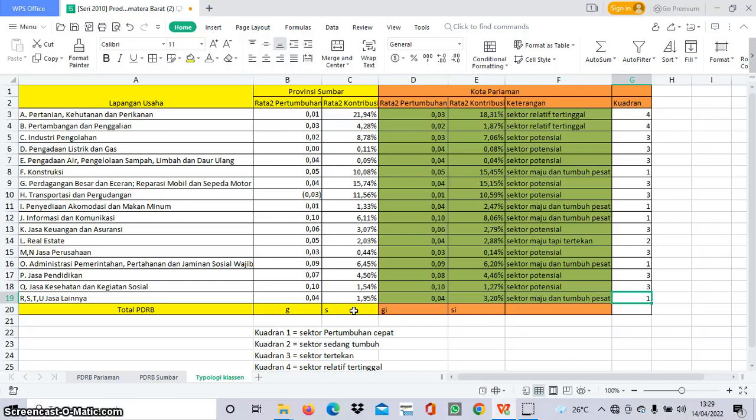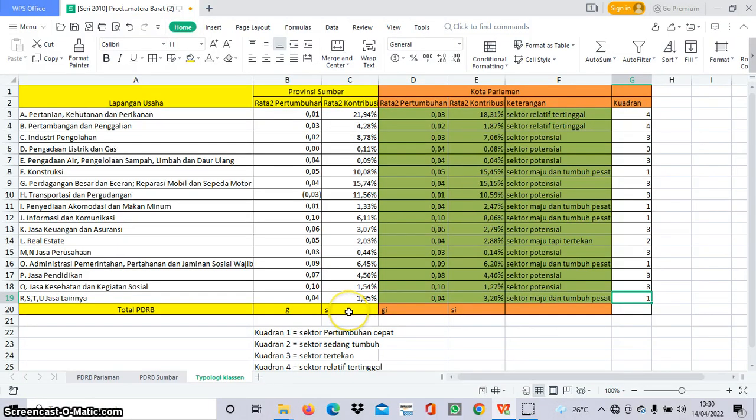And number second, the sector is developed but saturated, or quadrant 2. The sector in this quadrant has a GRDP growth value, gi, which is lower than the regional GRDP growth that is the reference or national, g, but has a contribution to regional GRDP, si, that is greater than the contribution of the sector value to regional GRDP, the reference or national, s.